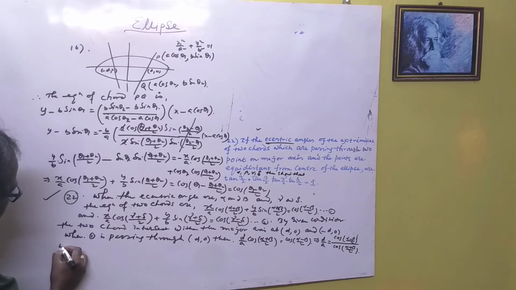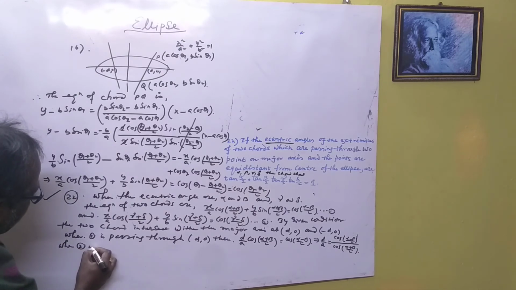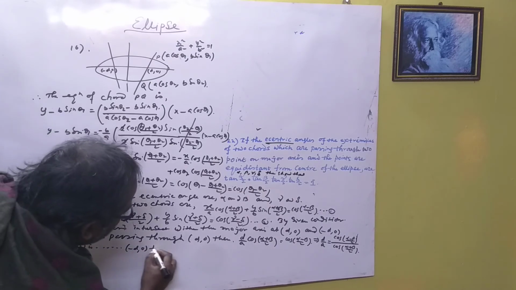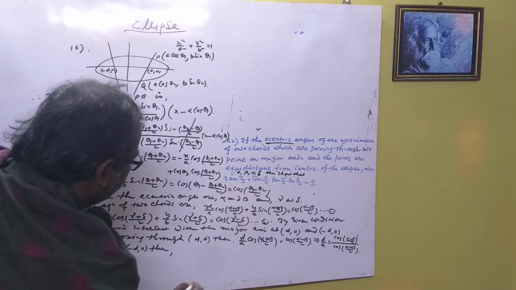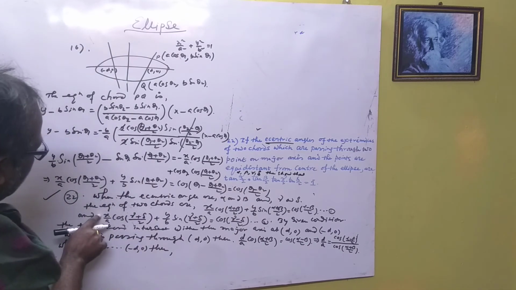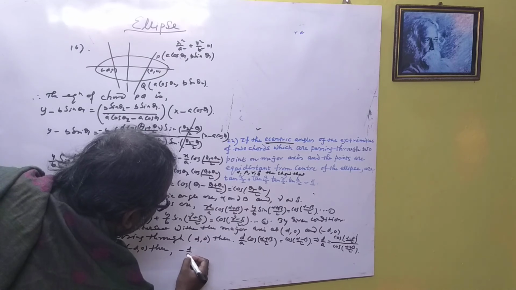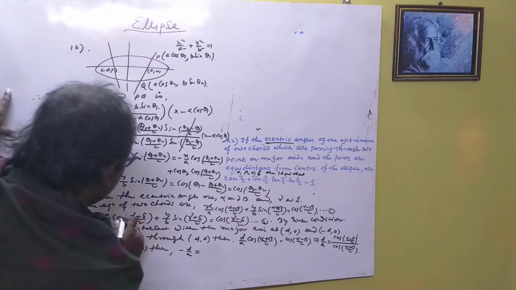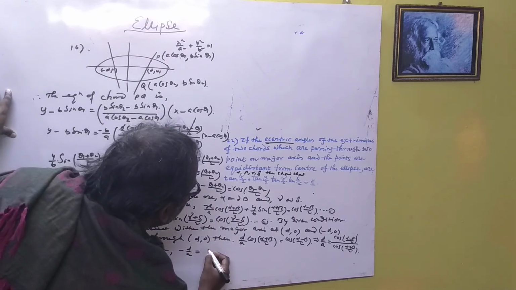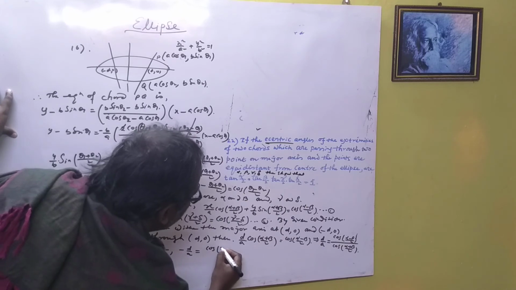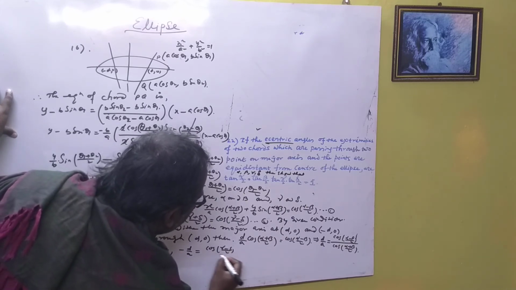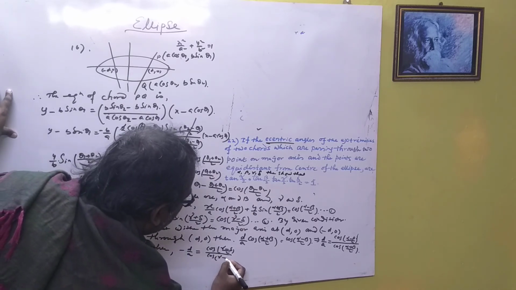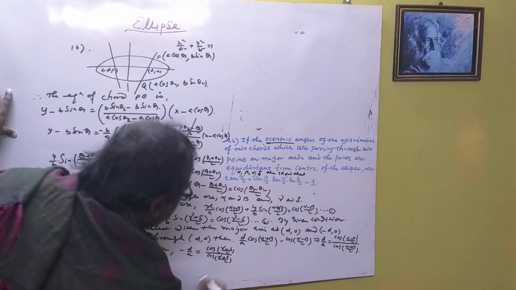When the second chord is passing through (-d, 0), then we get -d/a equal to cos((gamma-delta)/2) over cos((gamma+delta)/2).